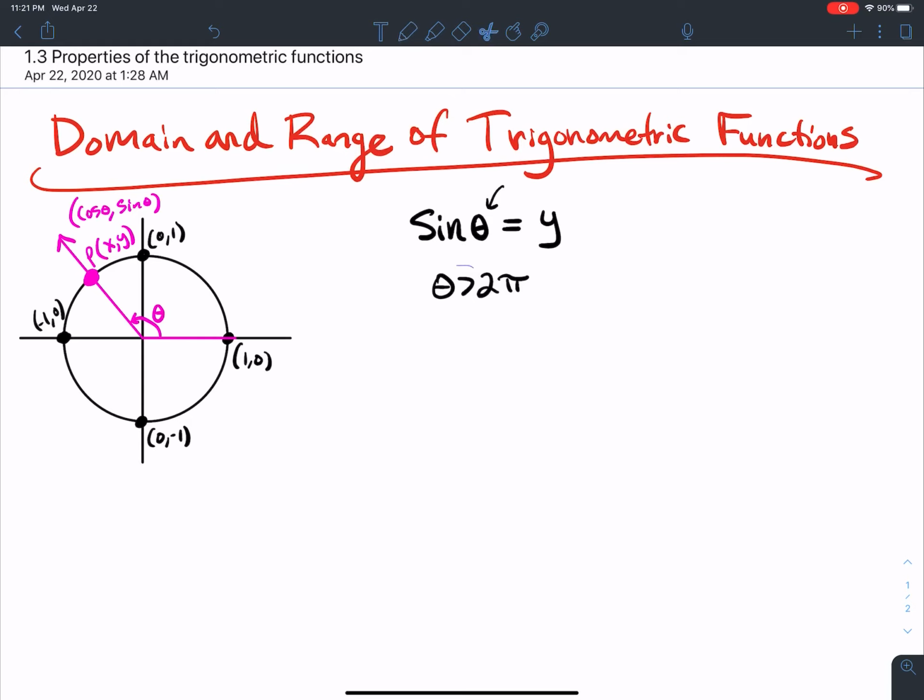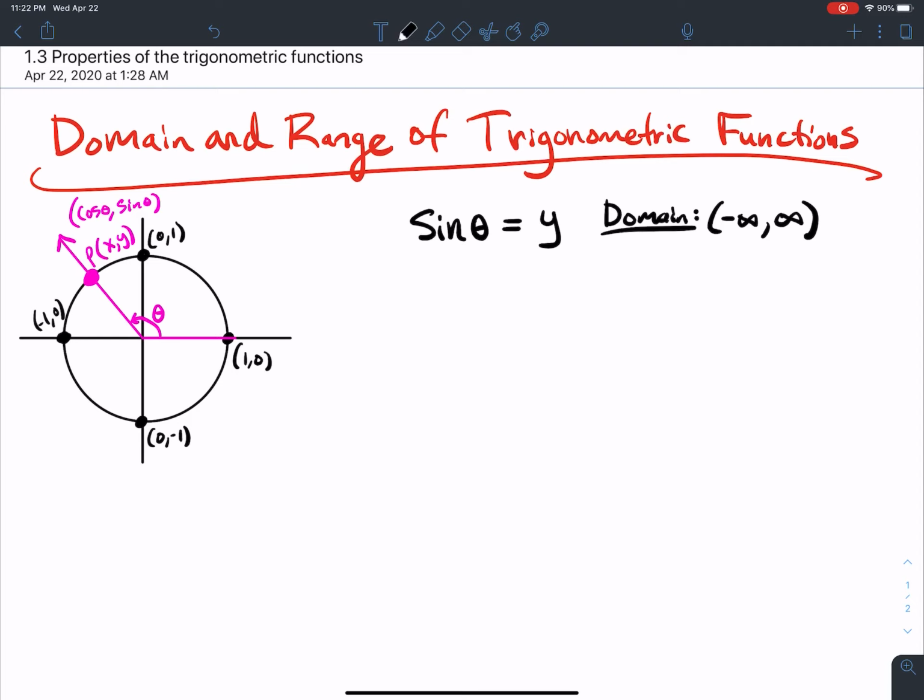So what is my domain here? The domain is all real numbers, negative infinity to infinity. Negative infinity to infinity.